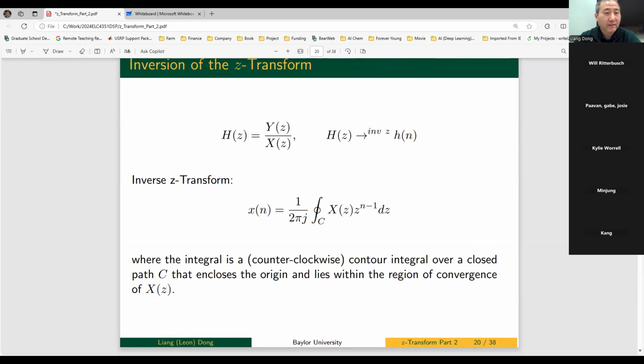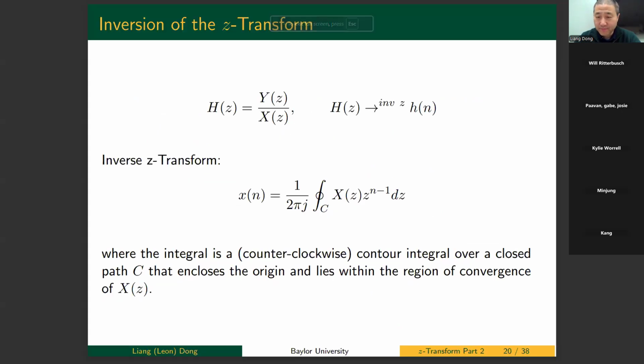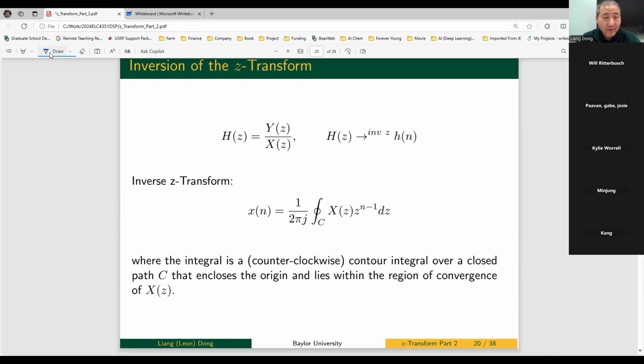See how I can do that. All right, can you see the screen? Okay, wonderful. So here, let me do this.